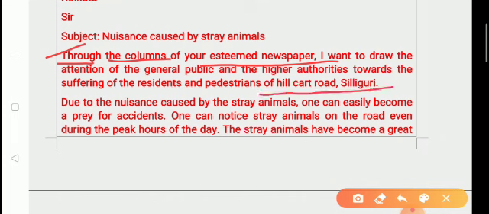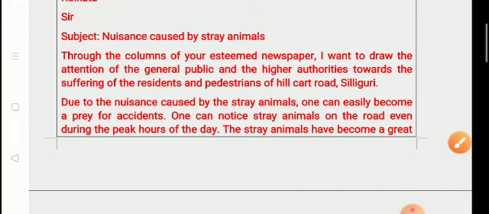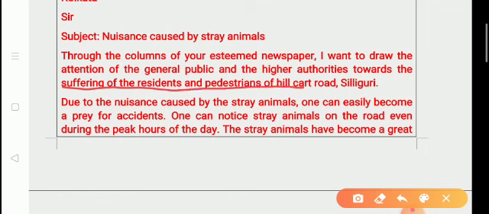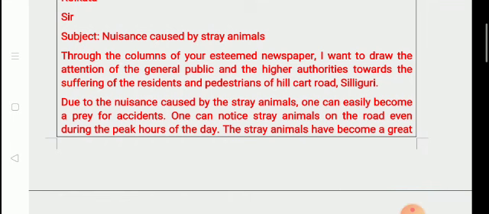In the first paragraph, you have requested the editor, and you have also mentioned your main point, the topic, the sufferings of the residents and the pedestrians of Hillcart Road, Siliguri.